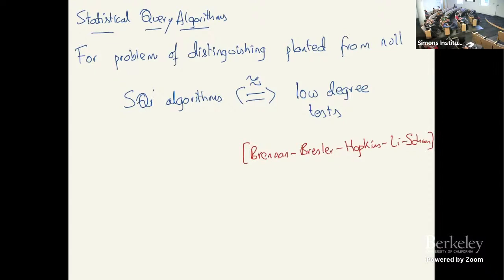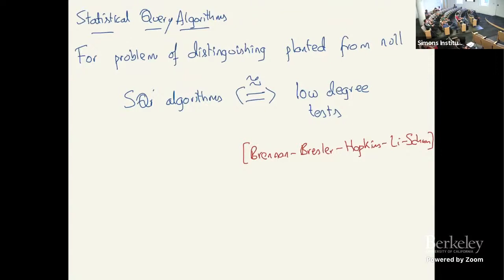That corresponds to the low degree test, which has access to m samples. In the statistical query algorithm, the tolerance is a proxy for the number of samples, which is a proxy for the signal to noise ratio. So basically up to polylogarithmic factors, we show equivalence.